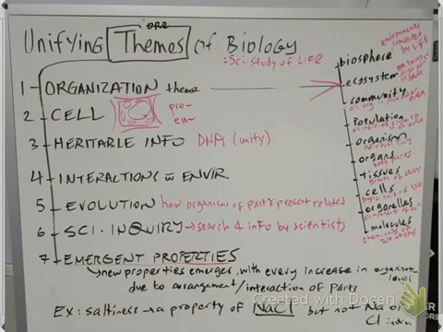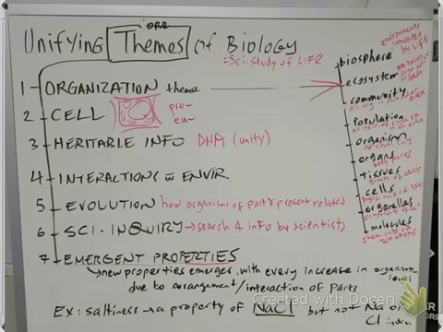The next theme is heritable info, which is basically DNA, which is also considered one theme which unites all living organisms. And then we have interactions with the environment, which is self-explanatory.